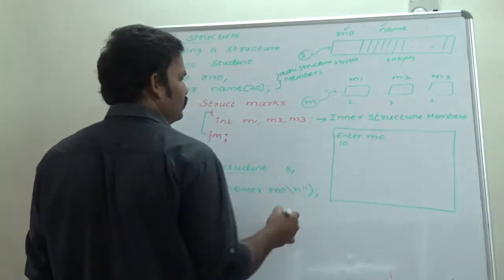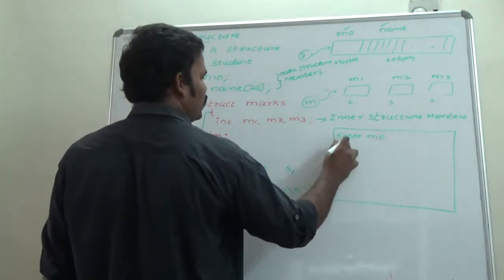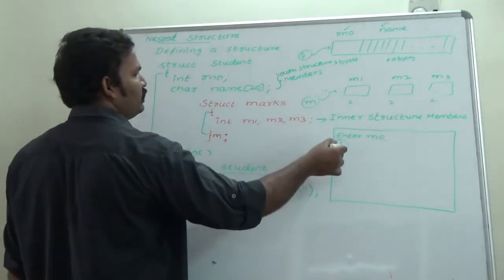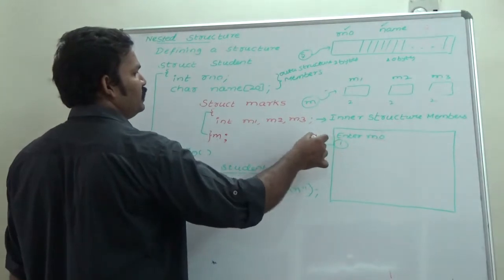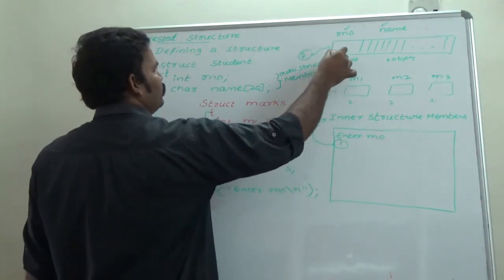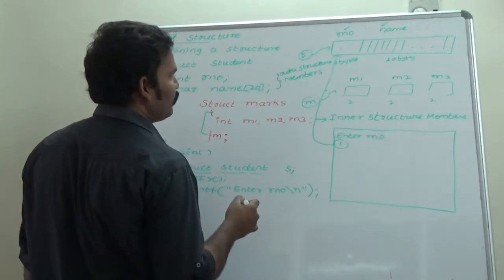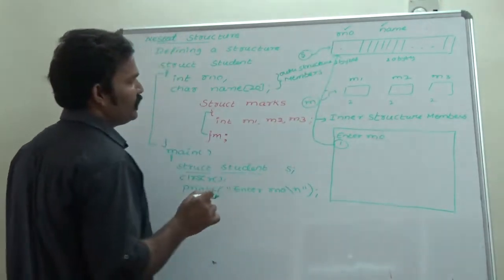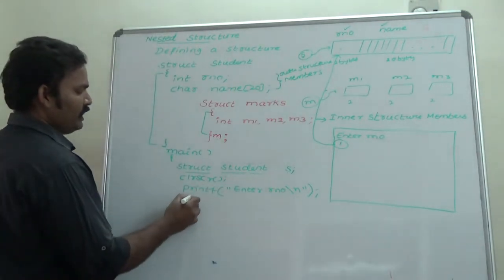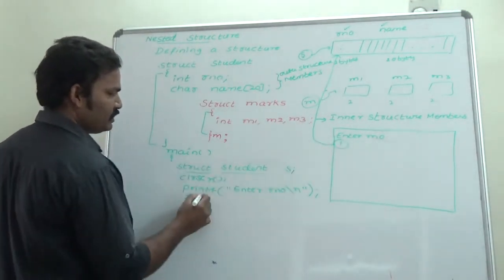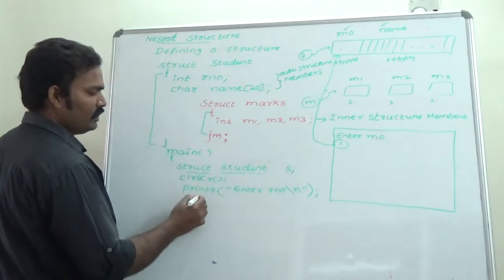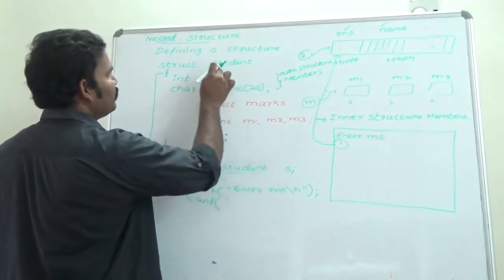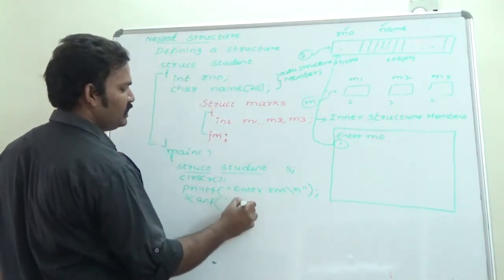The user enters a roll number, suppose 1. So we have to read this element, and this element should be stored into this particular location. To read the data from the keyboard, here I am using the scanf function, with the format specifier %d.